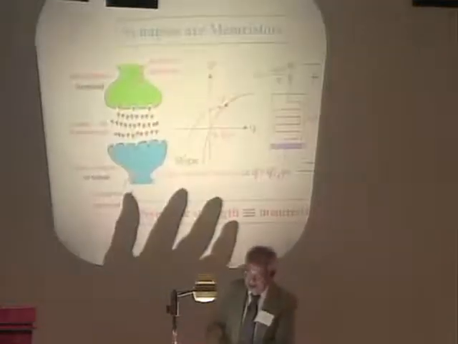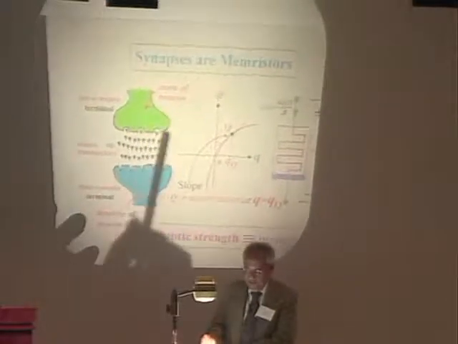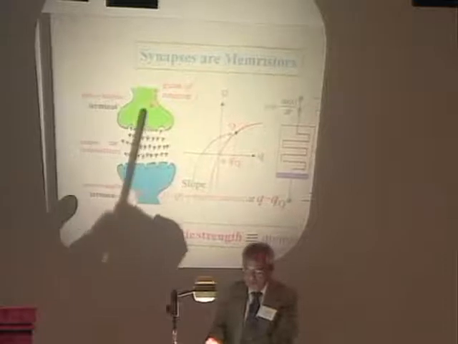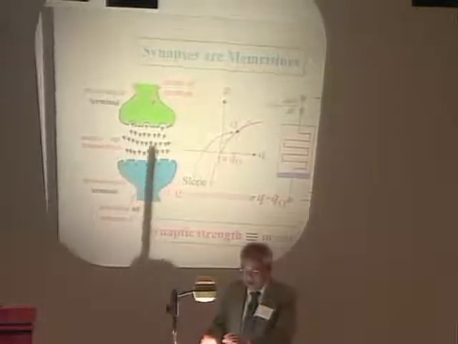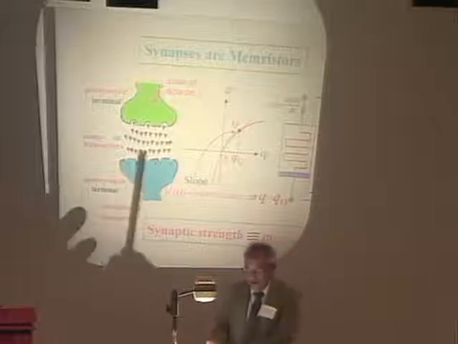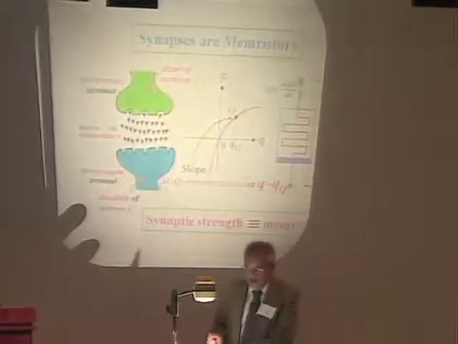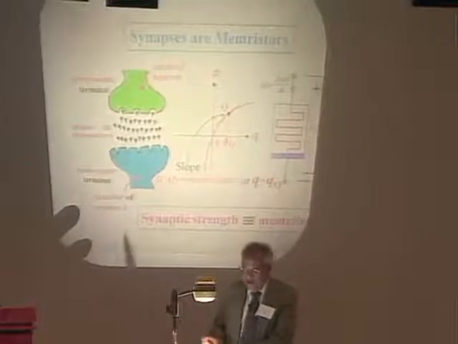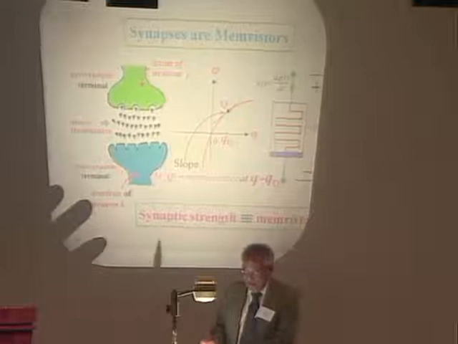Now let's go back to where synapses are Memristors. Synapses, as you remember, are essentially two parts. This is the end of the axon, and this is the dendrite, and they don't actually make contact. There is a gap of a few angstroms where molecules called neurotransmitters sneak through, and the amount of those molecules going through is called the synaptic strength.